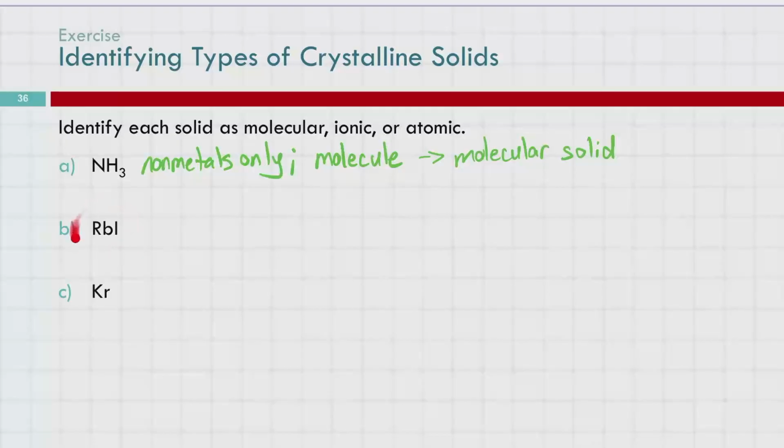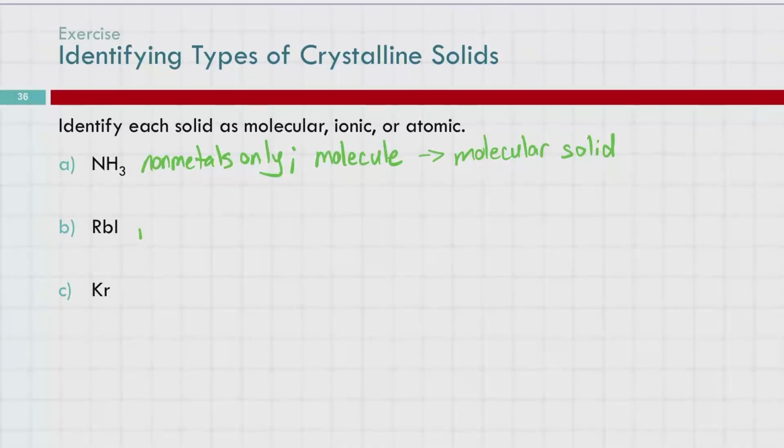How about RbI? What kind of atoms do we have in RbI? What's Rb? Rubidium. What kind of thing is rubidium? Yeah, it's a metal. And then I? Iodine. Nonmetal. So we've got metal and nonmetal.